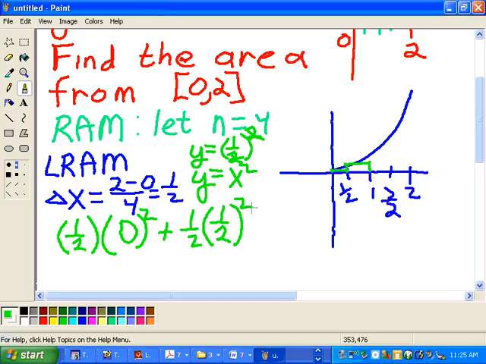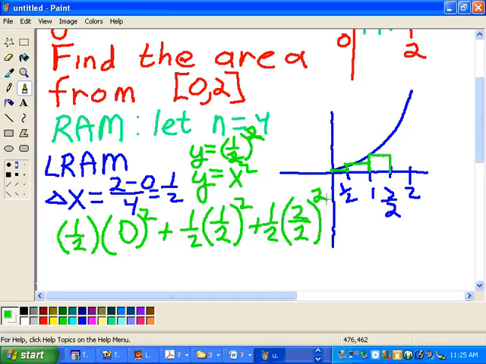So when I get to this next rectangle, I can figure out the height because now I happen to be at the number 1. It will help you if you start to see patterns.